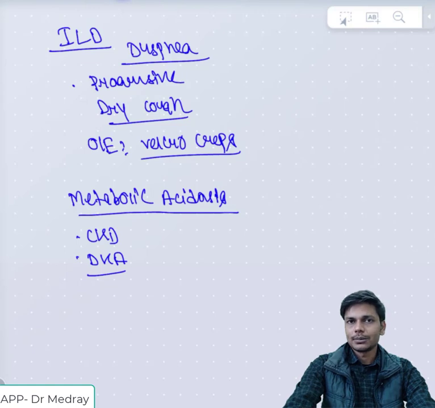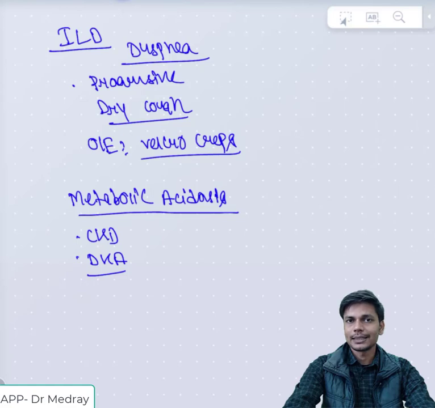So when there is metabolic acidosis in the patient, the lungs try to release the acid in the form of CO2. So how can the lungs release an extra amount of CO2? By hyperventilating. So the respiratory rate increases in a patient of metabolic acidosis and can cause breathing difficulty or dyspnea.